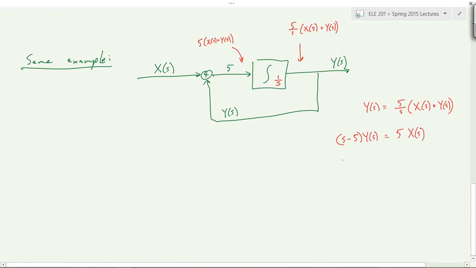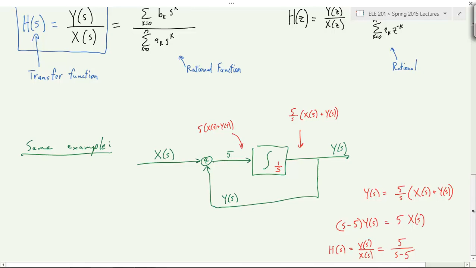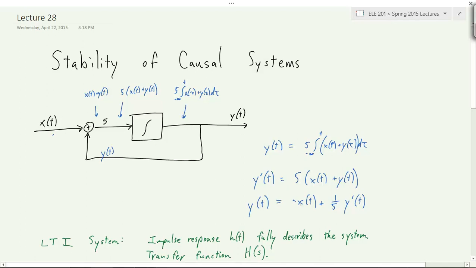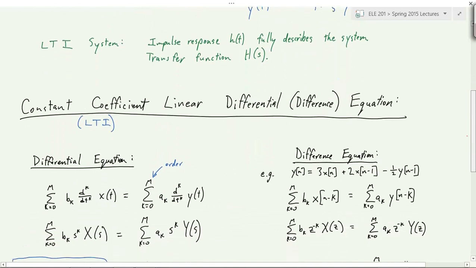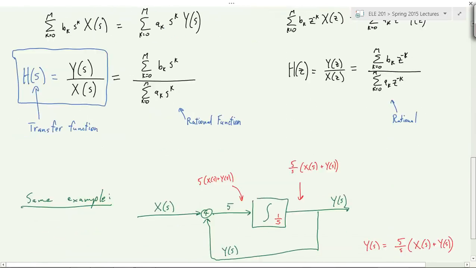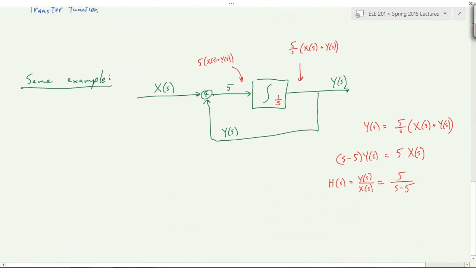And so you get that h of s equals y of s over x of s equals 5 over s minus 5. By the way, the work we had done above gets us there as well. We just get to this line here, we'd plug this into the formula we have for any differential equation down here, and we would get this exact same transfer function. So it's not like this was a fundamentally different way. I'm just showing you could have done it using the Laplace notation in the first place.